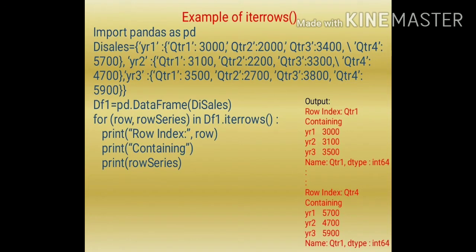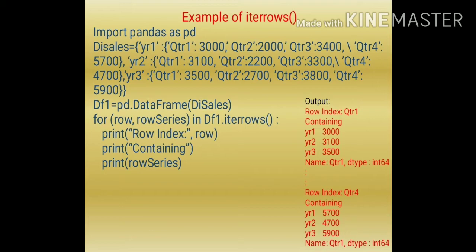Now I am sharing one example from your book. Kindly pay attention. First of all, you have to import pandas as pd, which is the basic and common command. Now you have to create a data frame. While creating a data frame, you can use any method, list, dictionary.